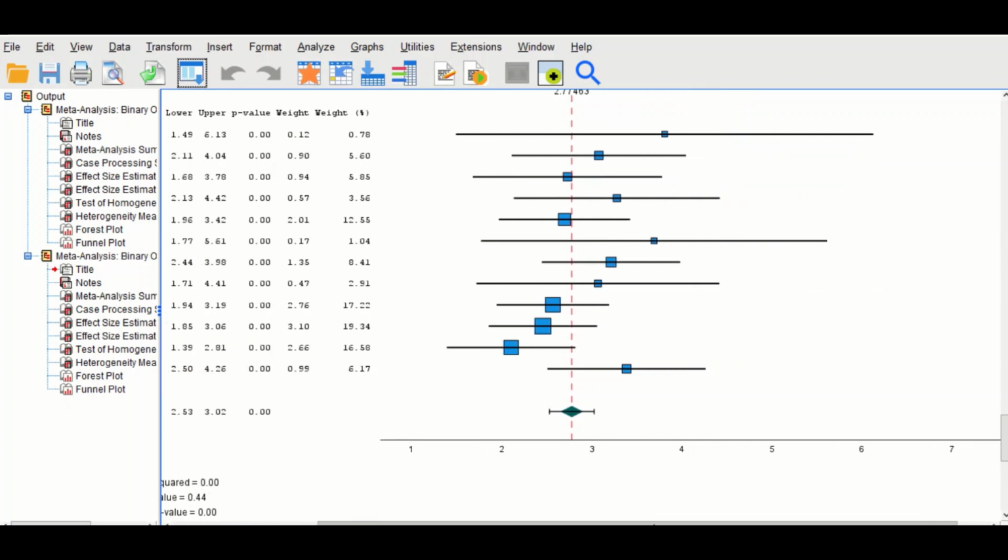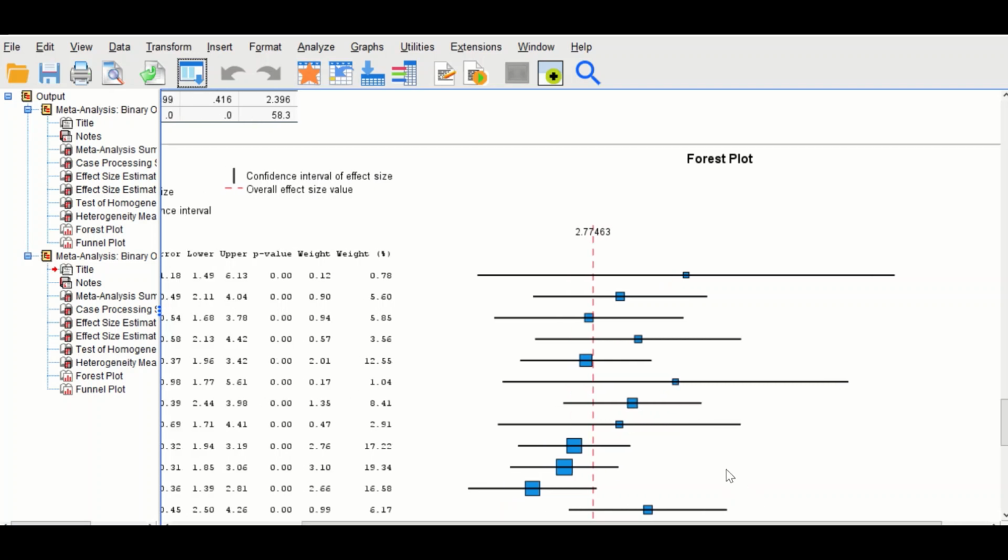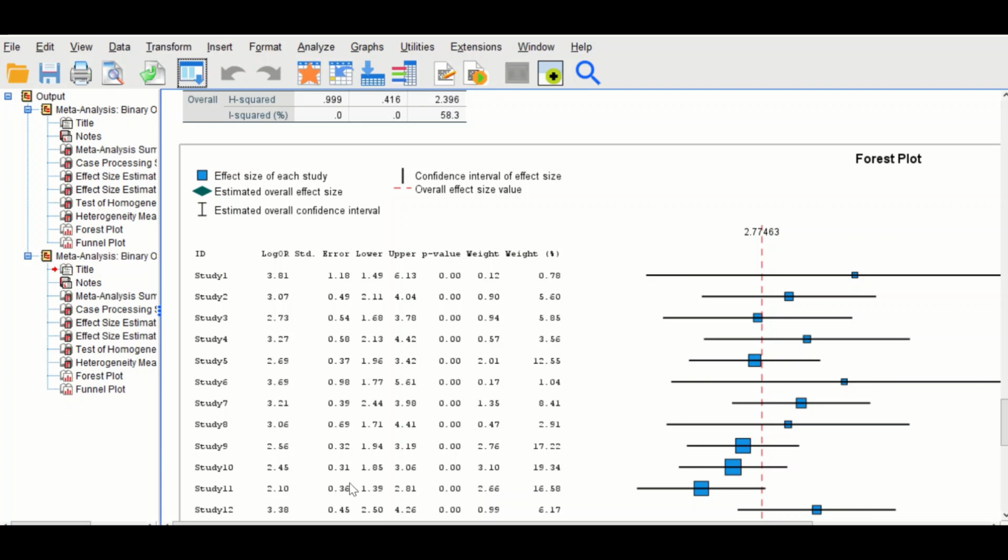And as shown here at the bottom, the scale starts from 1 and onward, and the size of each square here reflects the weight percentage. So larger samples or larger study sample size have larger squares. If we look here at study number 10, we can see that the sample size is higher as measured by the percentage of weight.